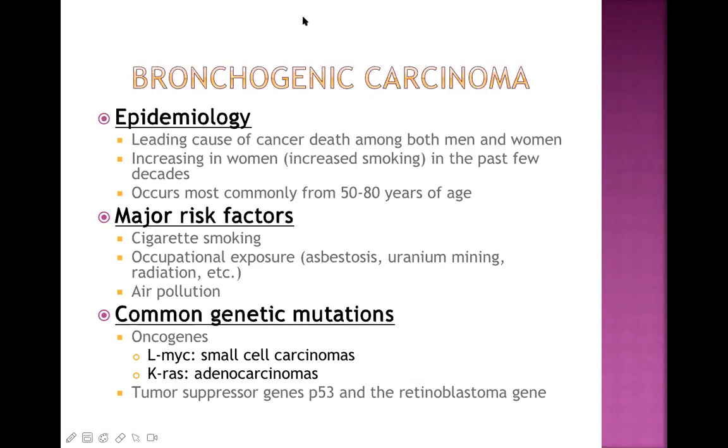So in this condition, L-MYC and KRAS are some of the important examples of oncogenes. L-MYC is present in small cell carcinoma and KRAS in adenocarcinoma of the lung. Whereas the two important tumor suppressor genes, which you already know, P53 and retinoblastoma gene, should be mutated or inactivated.